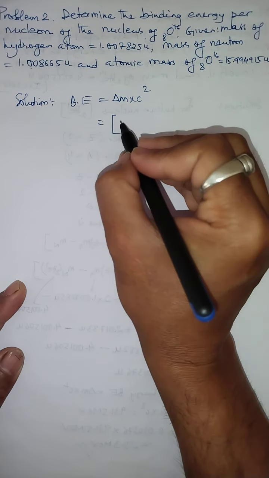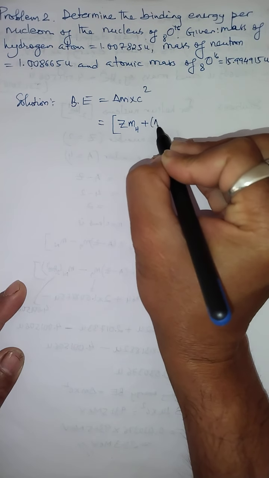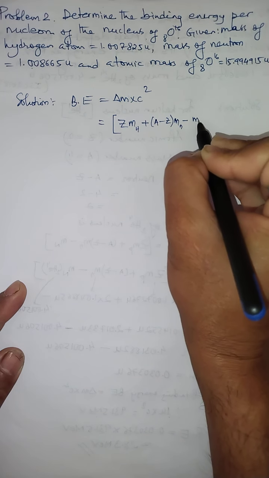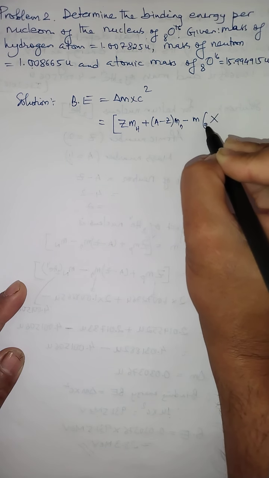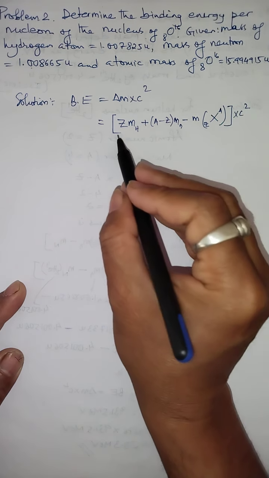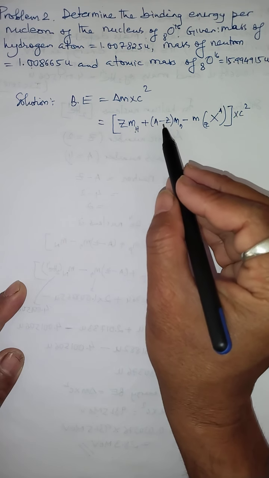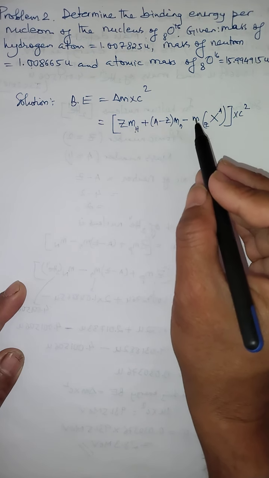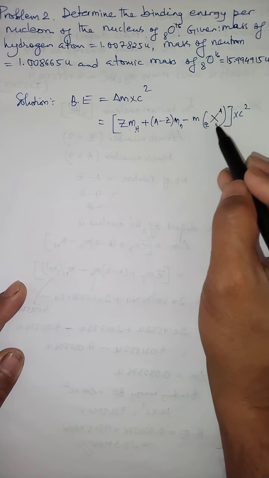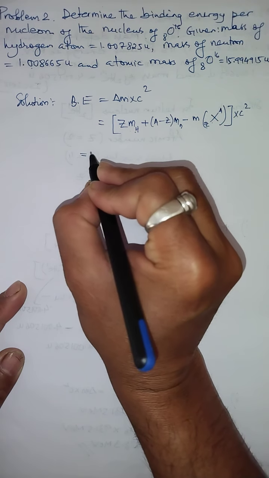The formula of mass defect is [Z M_H plus (A minus Z) M_n minus M_X(Z, A)] with bracket times c square. So Z M_H, M_H means the mass of a hydrogen atom, plus (A minus Z) M_n, M_n means the mass of a neutron, minus M_X(Z, A). This is the atomic mass of the element. But which element are we taking? The oxygen element. So let me write it down again.